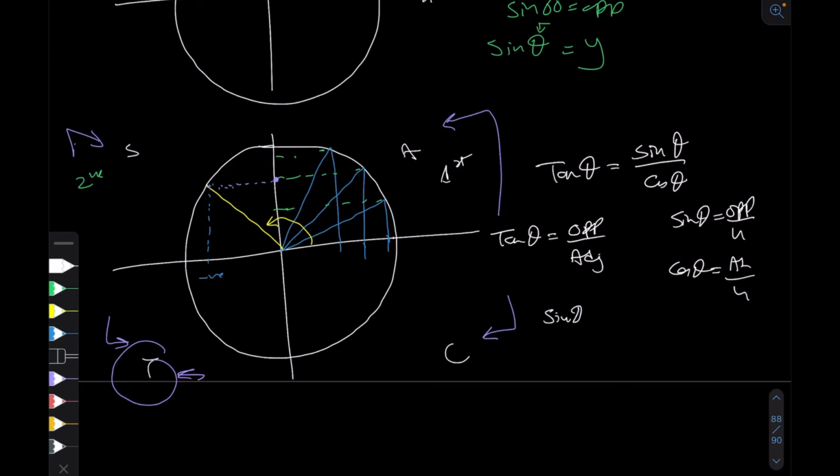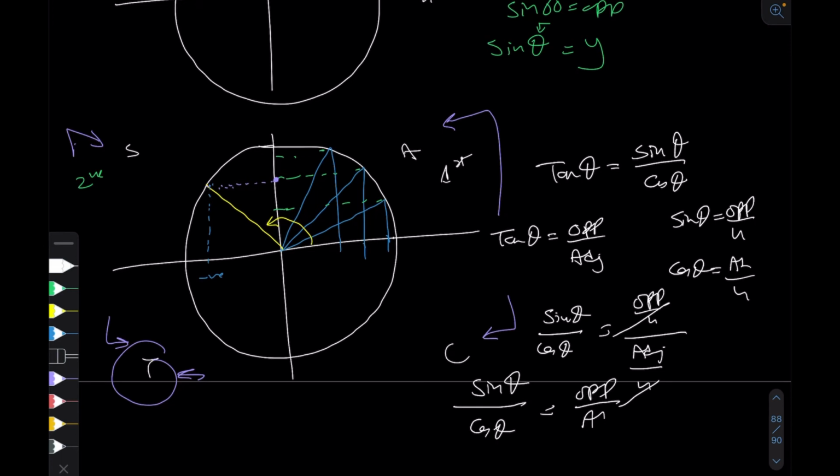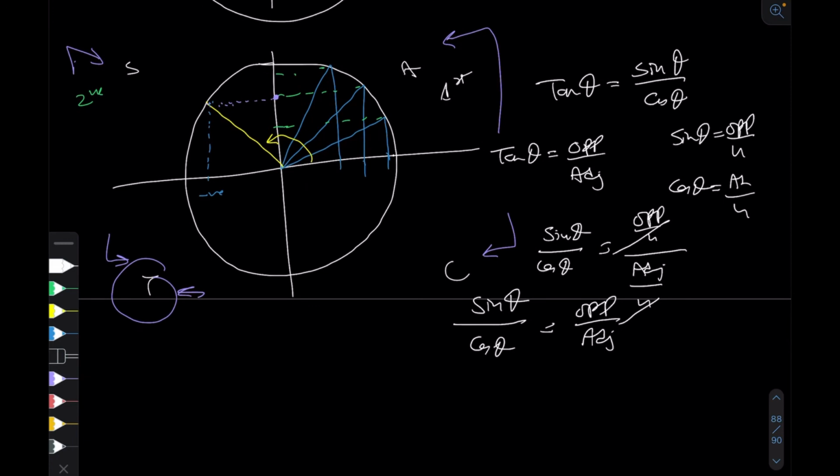So sine theta over cos theta would be opposite over hypotenuse over adjacent over hypotenuse. Hypotenuse cancels. So sine theta over cos theta is actually opposite over adjacent. And this is also how you know of tan. So tan theta is actually sine theta over cos theta. Mind the bad handwriting.